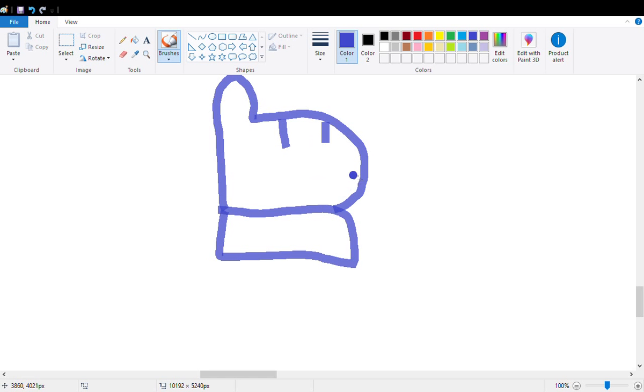Oh, it looks like a rabbit now. I did it the wrong way. I'm trying to do how the thumbs up looks. I think this sleeve has a button. I'm not so sure. This basically looks like a rabbit already. I think these holes are the hands. So here's a rabbit, a random rabbit with a nose and whiskers.